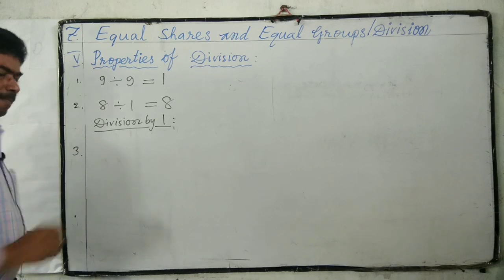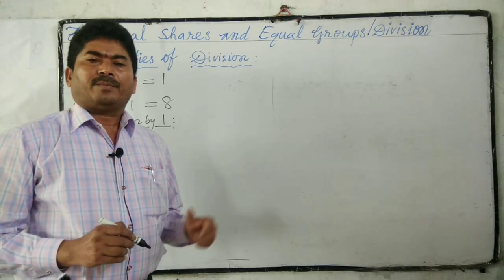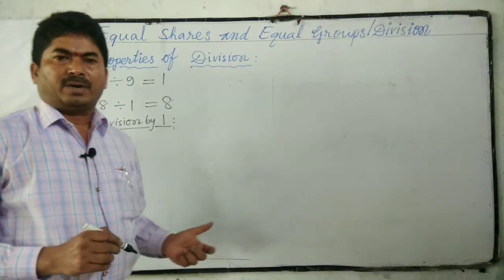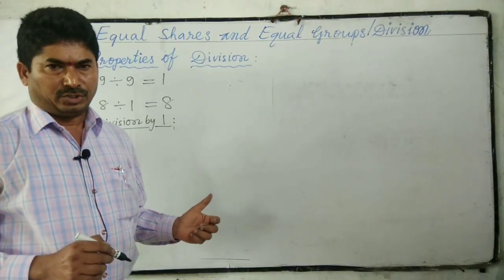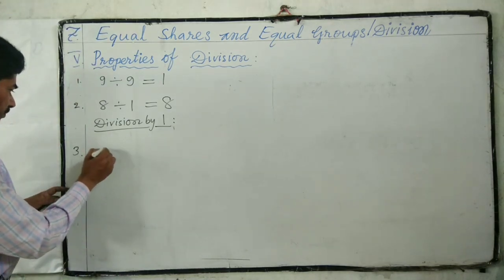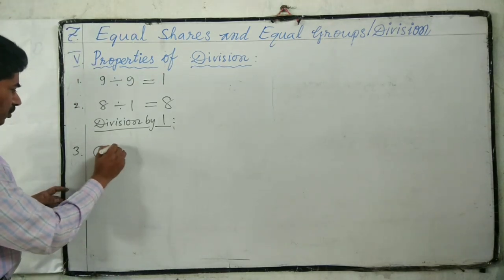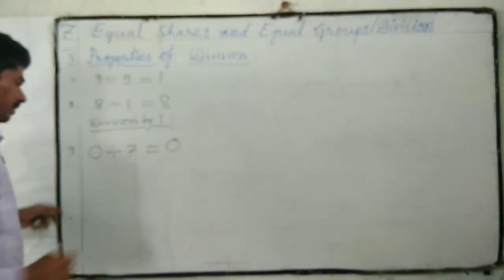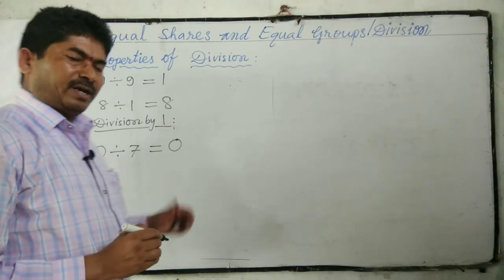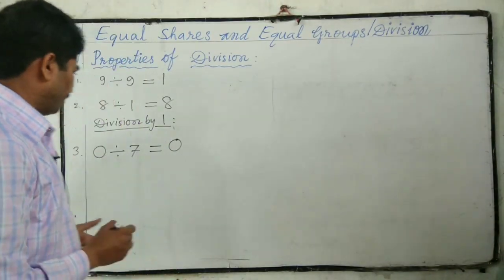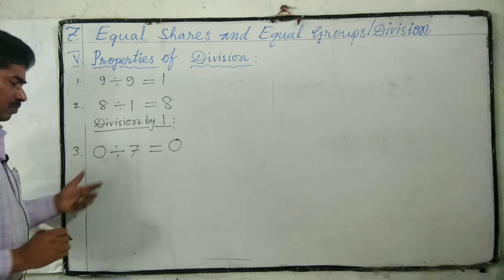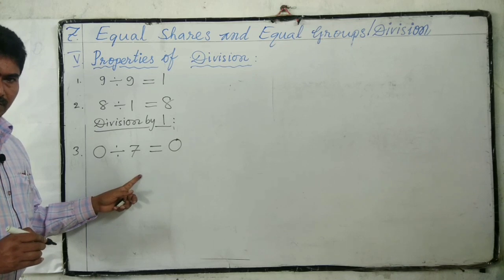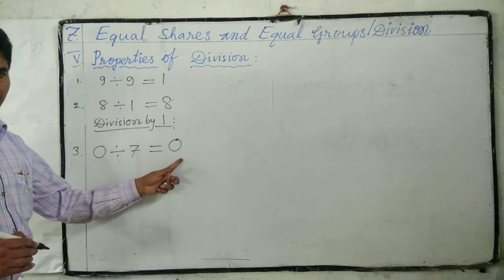So next, when 0 is divided by any number, the quotient is 0. Example, 0 by 7 is equal to 0 only, and 0 by 100 is equal to 0 only. So when 0 is divided by any number, the quotient is 0 only.